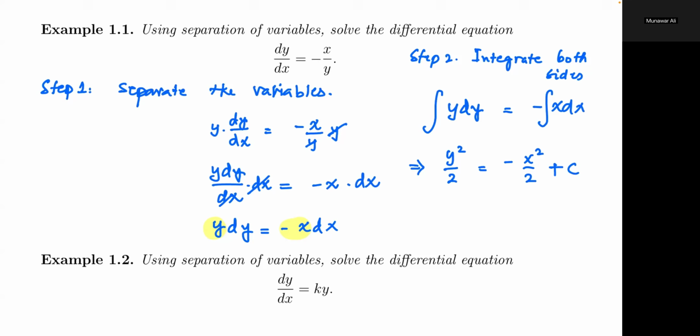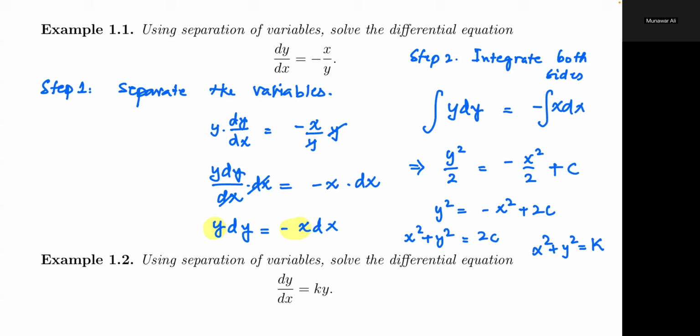If you multiply 2 on both sides, this is y square is equal to negative x square plus 2c. And you add x square on both sides, then you can write this as x square plus y square is equal to 2c. And sometimes, since c is a constant and it can take any value depending on the initial condition, you can replace 2c by some other constant, k, for example, because it only depends on what the value of c is and what the value of k is.